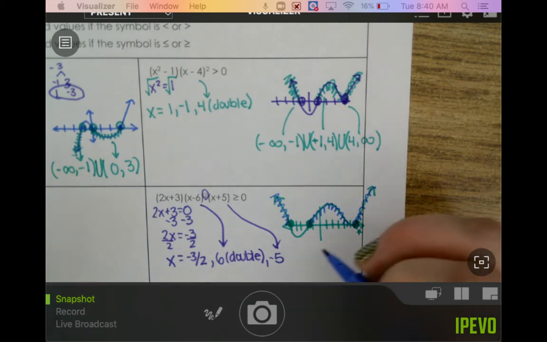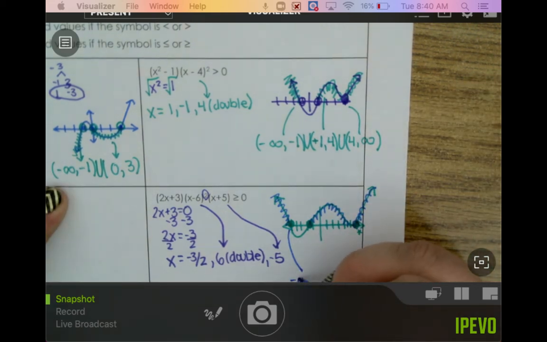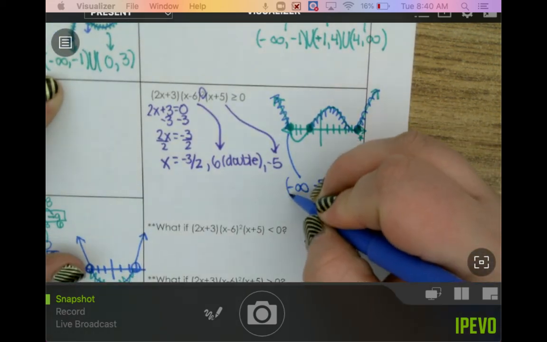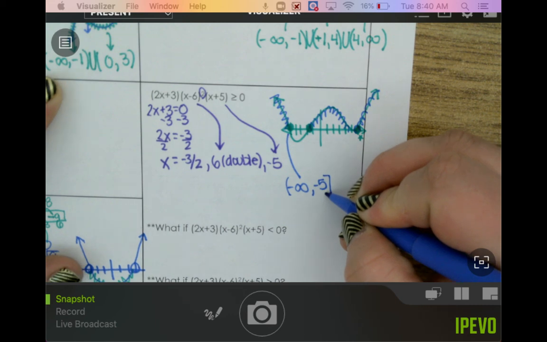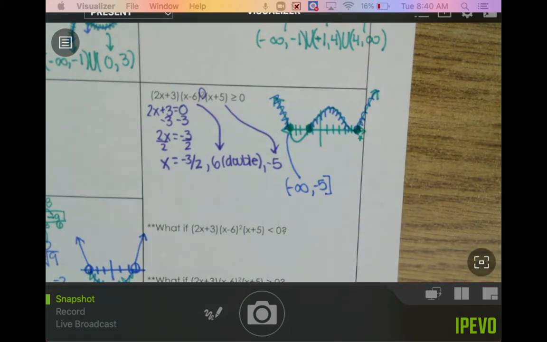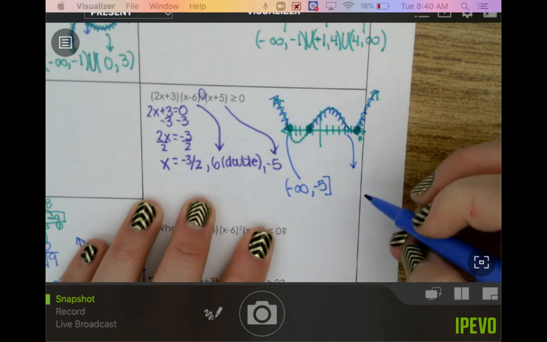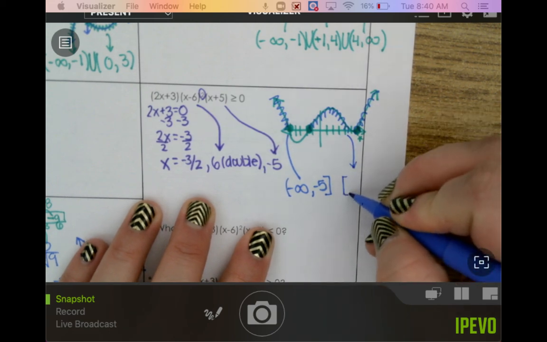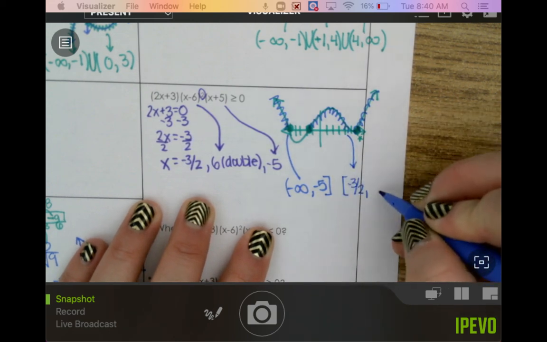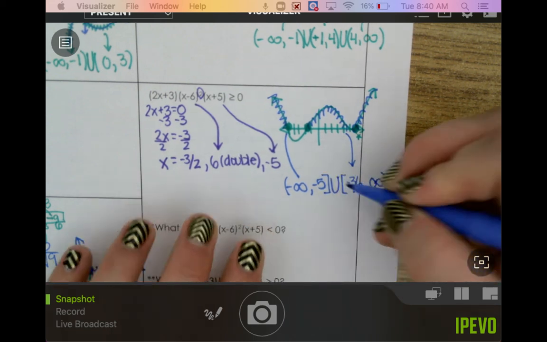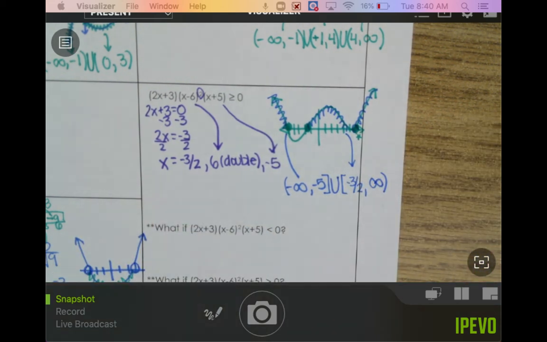So this one's going to be from -infinity to -5. And I'm going to use a bracket because it's a closed circle. And this one's just going to be simply -3/2 to infinity. You don't have to stop at the 6 because it's closed.